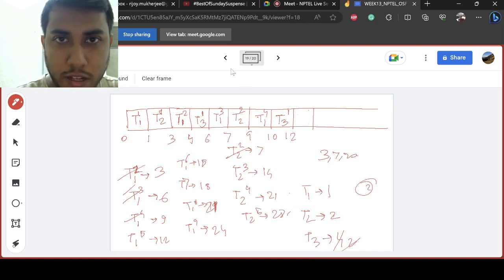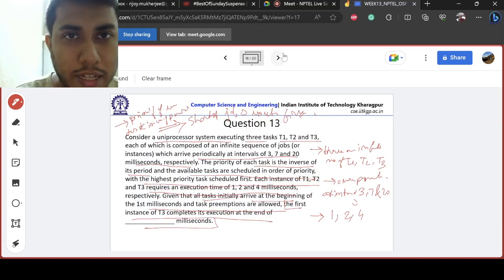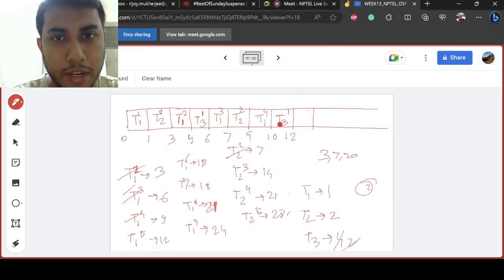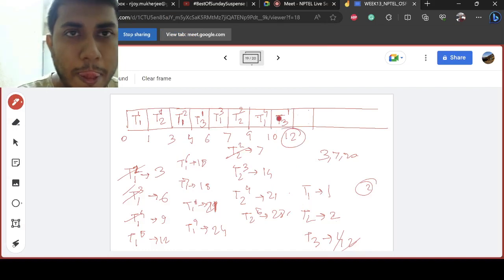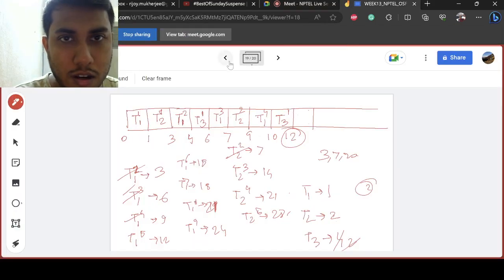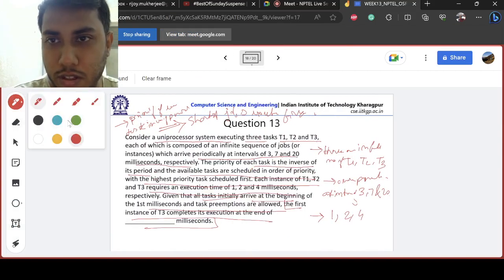So the time required, the first instance of T3 completes its execution in basically 12 seconds. So 12 seconds is the correct answer.